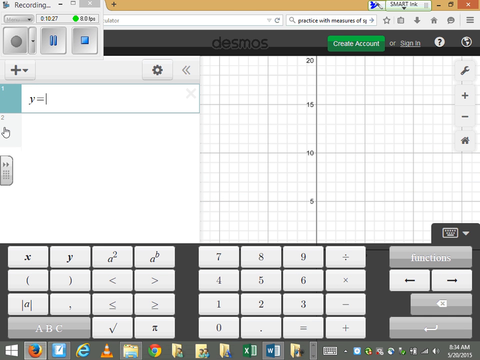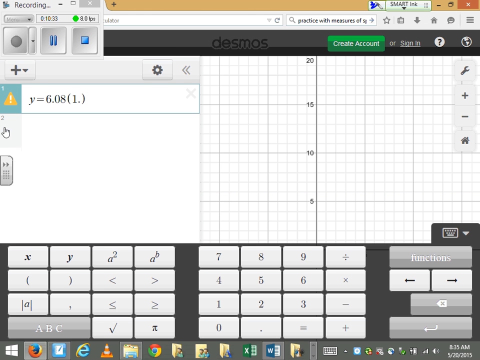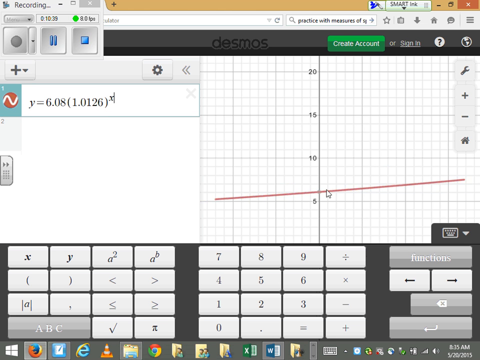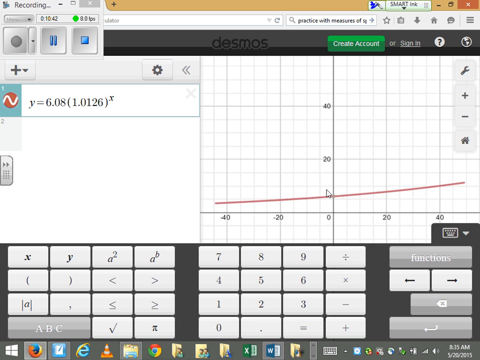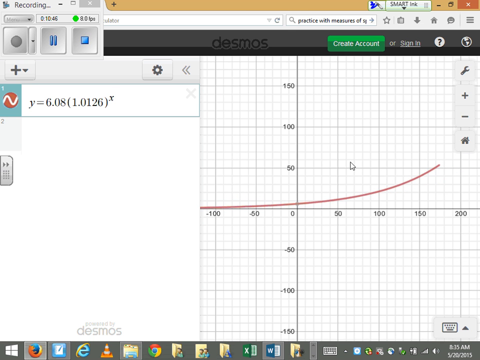Let me try this again. 6.08 times 1.0126. I'm going to raise that to the x. There we go. Now we're starting to see a picture of the graph.